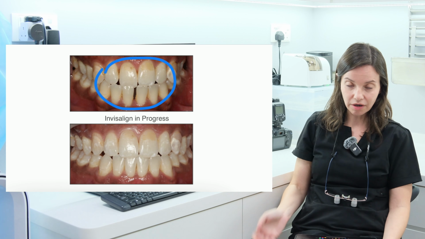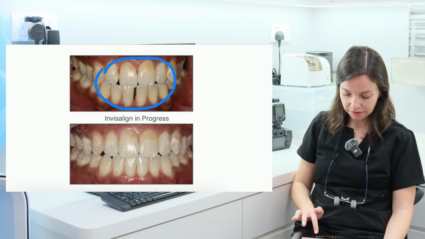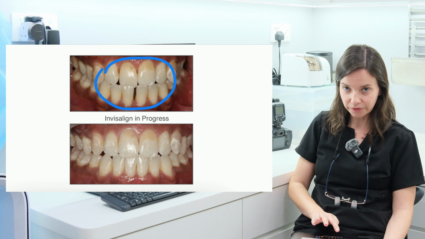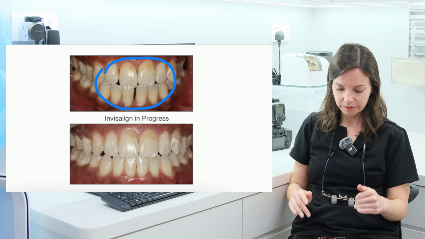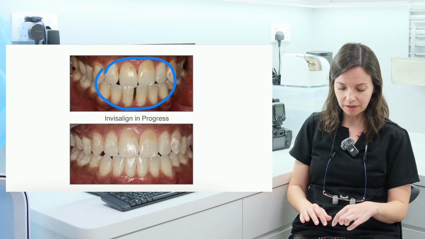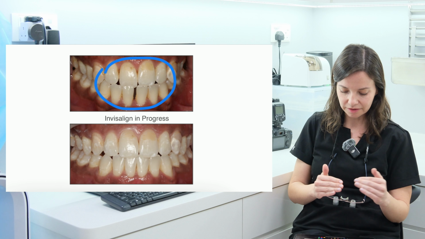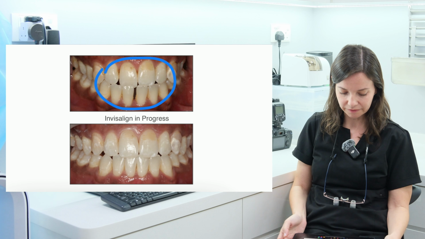So that's called a crossbite, and that's something that Invisalign can correct. And you can see in the bottom photo that already there's been quite a lot of progress. So this case is in progress, but very easy to treat as well with Invisalign.